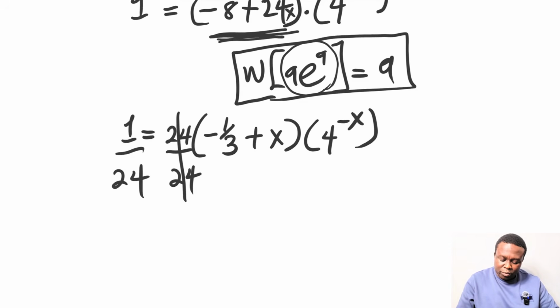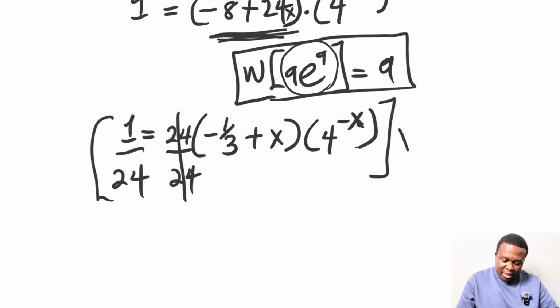Okay, so now we can see that we have 4 raised to the power minus x. So what can we do to this whole equation so that we have minus x in the first parenthesis, because we have a positive x in the first parenthesis at the moment. So we can multiply left and right sides by minus 1, and that will solve the problem.